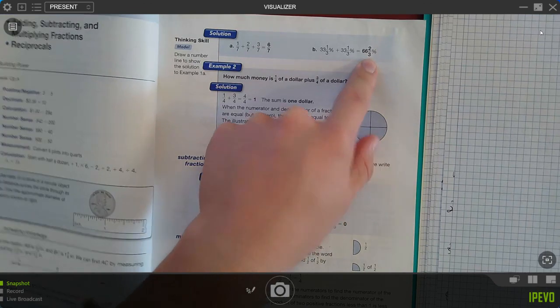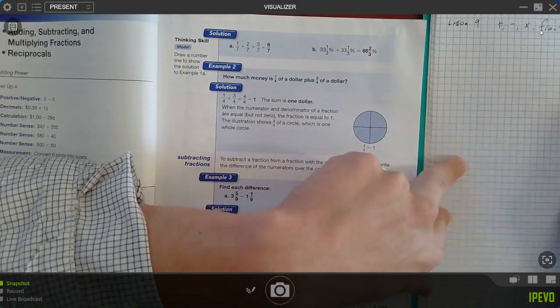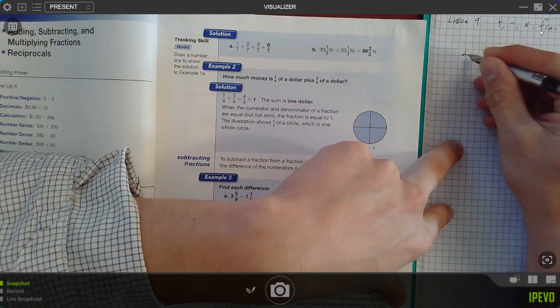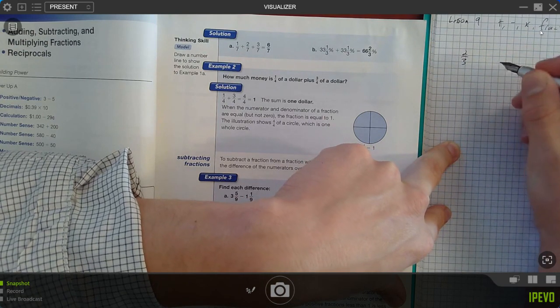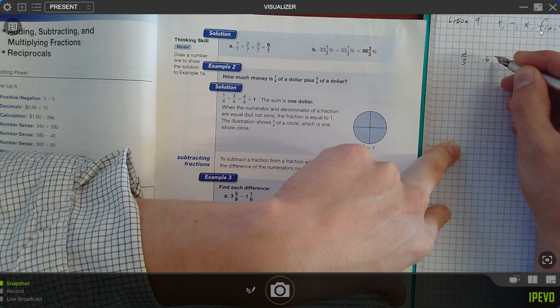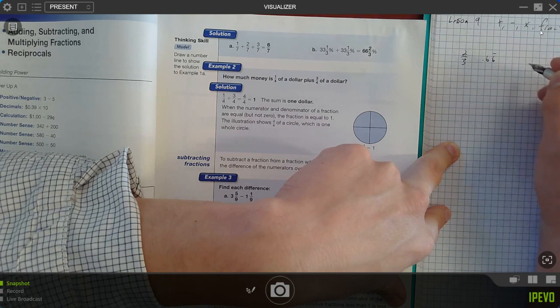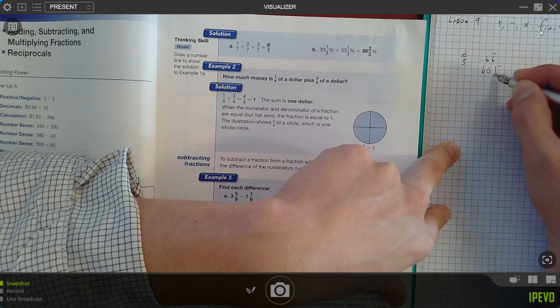So 2/3 of a percent would be, because normally what you do, right, if you had 2/3 and you're turning that into a percent, it would be 0.6 repeating as a decimal, and as a percentage it would be 66%, right?